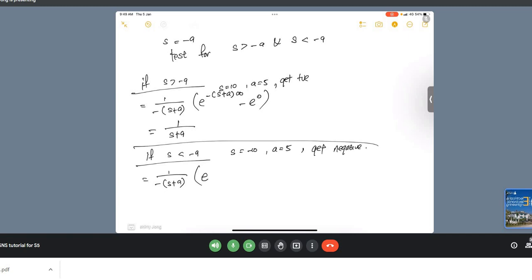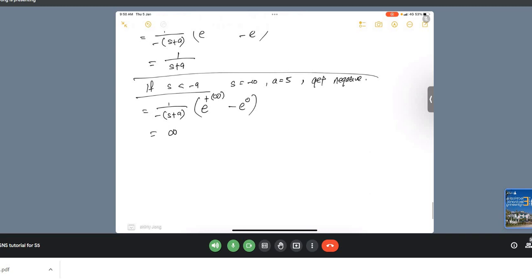So negative means that you have negative and you have another negative, right? So negative, negative, you get positive. So you get positive infinity. Okay? So therefore, you copy down the final answer.